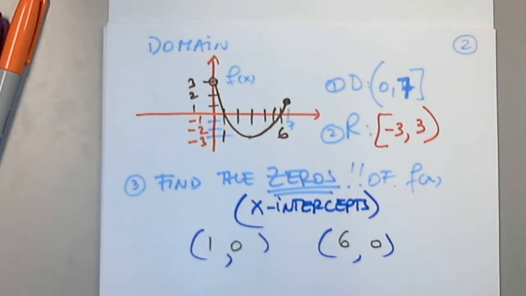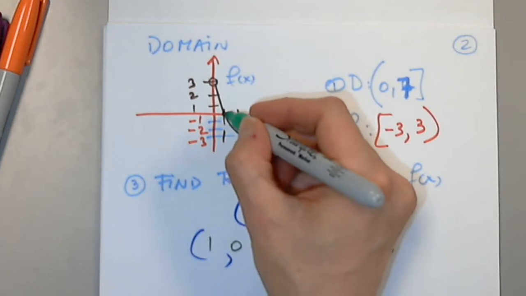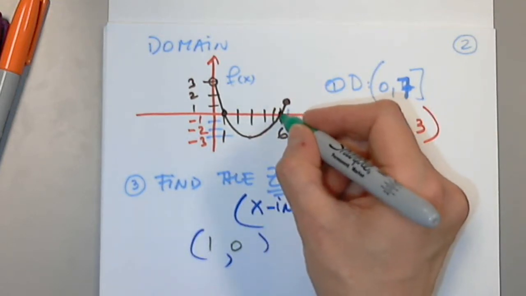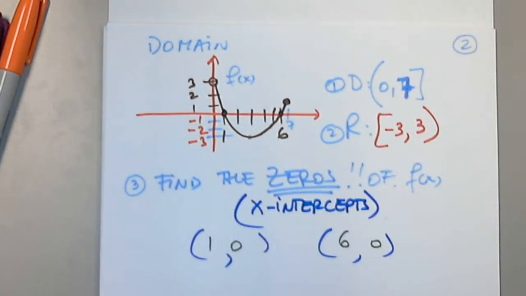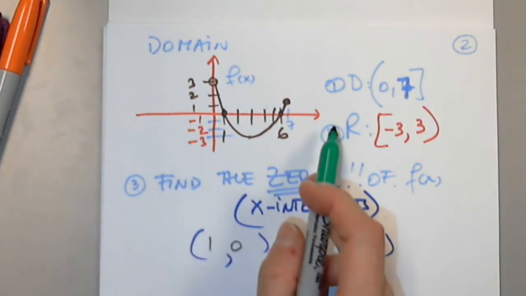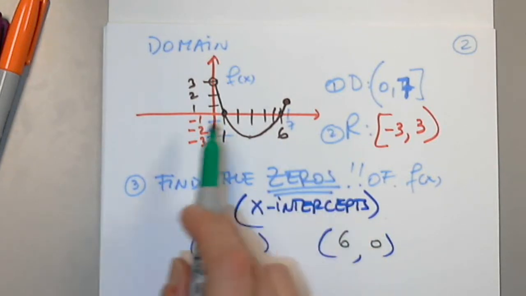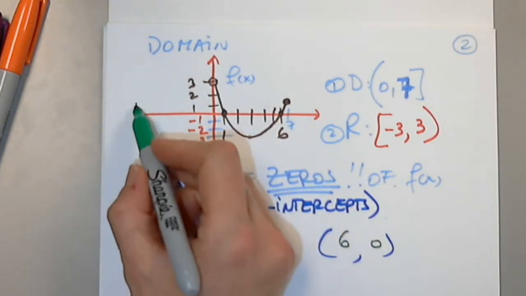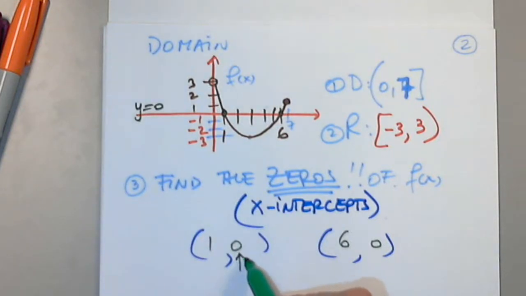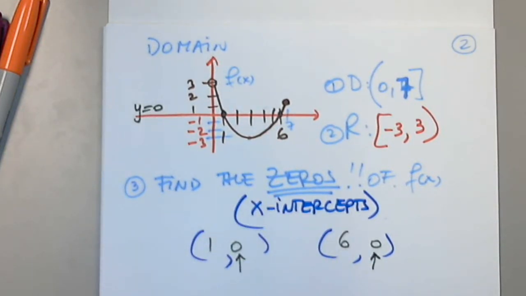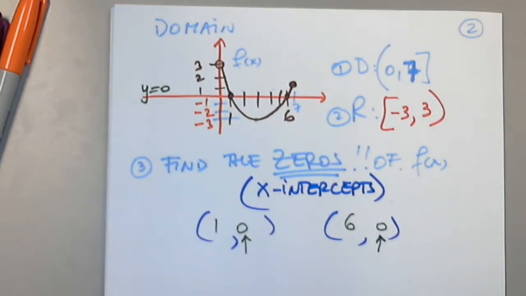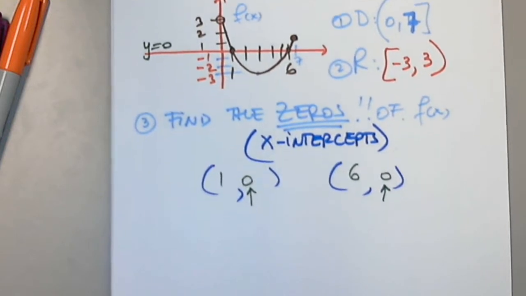Do you all agree? So the graph crosses at this point and crosses at this point. So obviously 1, 0, 6, 0. No cell phones please, because the equation of the x-axis is y equals 0. That's the reason why we have those zeros in there. Perfect. Another question would be the y-intercept. So number 4.